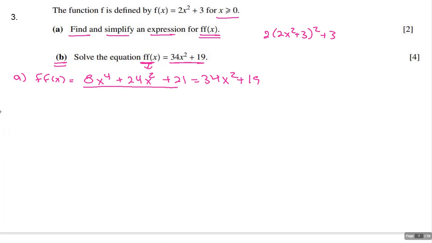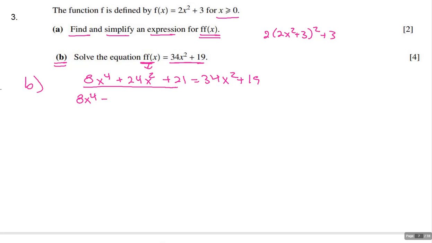Okay, so now what? You want to get everything on one side. Exactly. So what are we going to do? Subtract 34x squared from 24x squared and subtract 19 from 21. So what's 24x squared minus 34x squared?